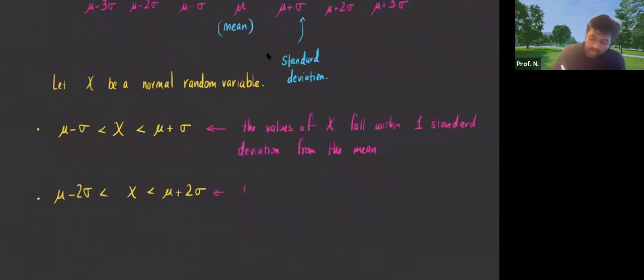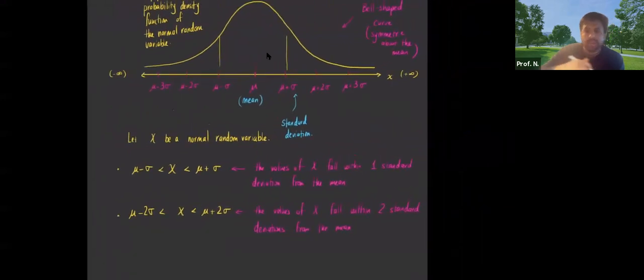This indicates that the values of x fall within 2 standard deviations from the mean. So we care a lot about being 1 standard deviation, 2 standard deviations from the mean, and so on. And we could also talk about being 3 standard deviations from the mean.